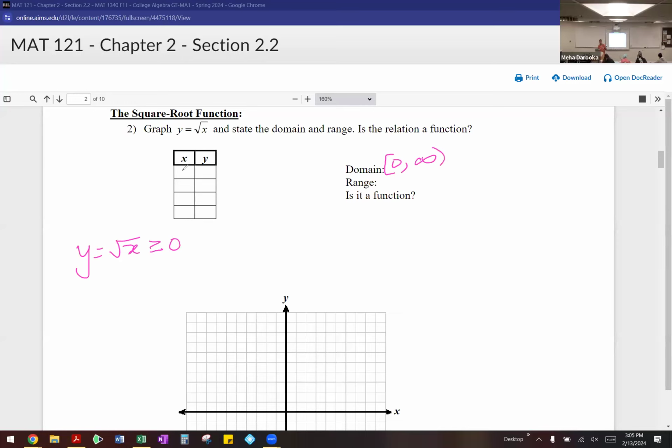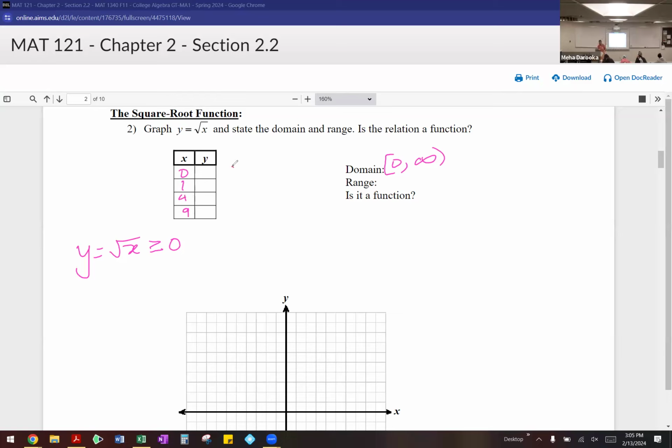For ordered pairs, you need to again start at zero, so you can do 0, 1. Since it's a square root, I'd probably use perfect square numbers, so I may do 4 and 9 for my x value instead of 2, 3, because they're going to give us decimal answers.